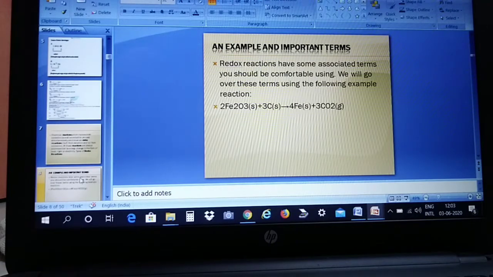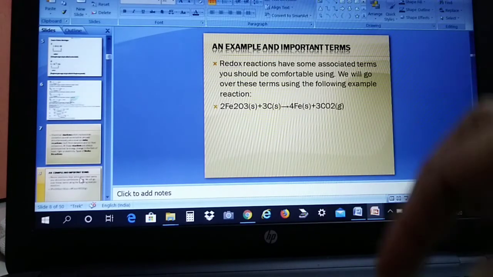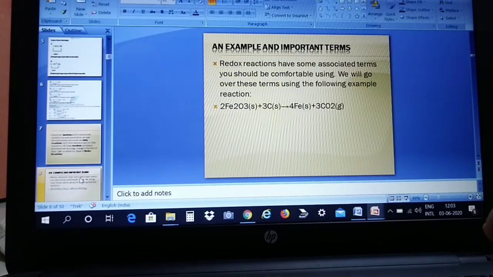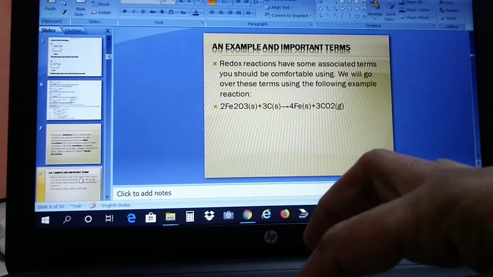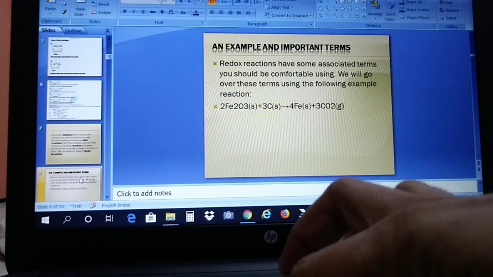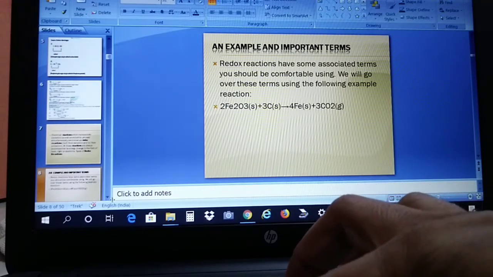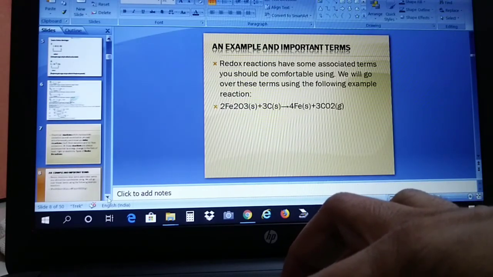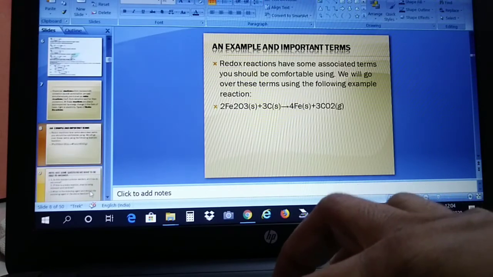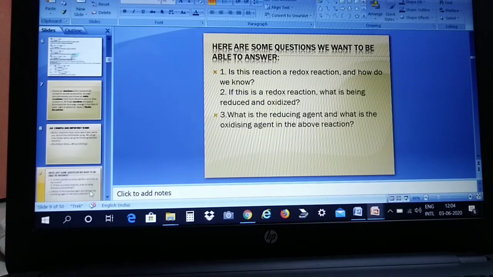So reduction and oxidation always go together simultaneously. That is why it is called a redox reaction. This is a good example of a redox reaction. You can take this down, children. Next we will see some questions we want to be able to answer.